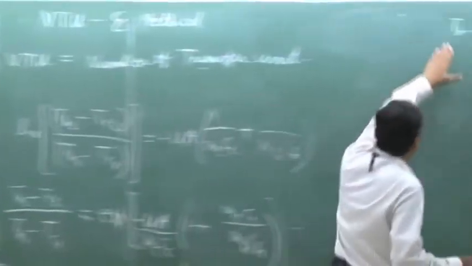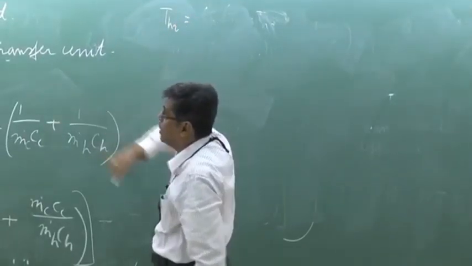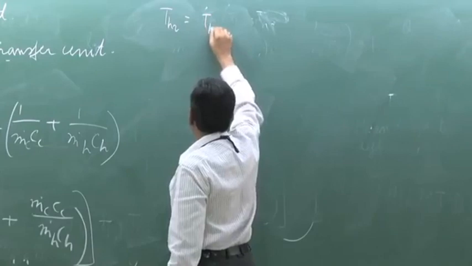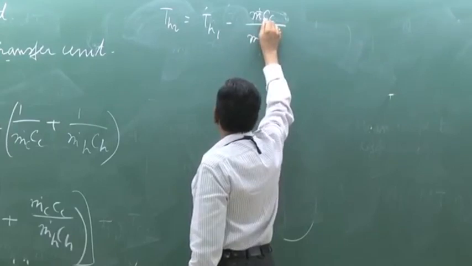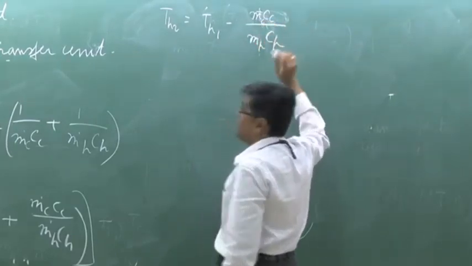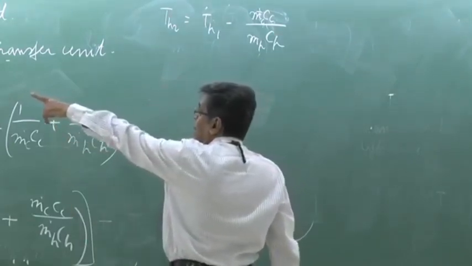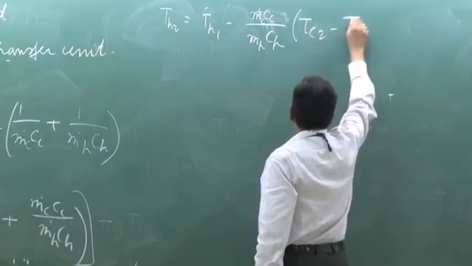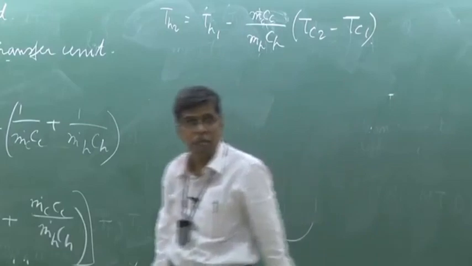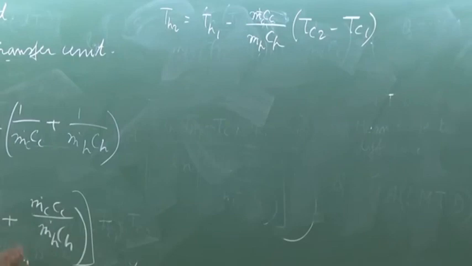Write that Th2 is equal to Th1 minus m dot cCc divided by m dot hCh, times Tc2 minus Tc1. I think I have done correctly. That means the trick is that Th2 is substituted in terms of Th1 and Tc2, Tc1.